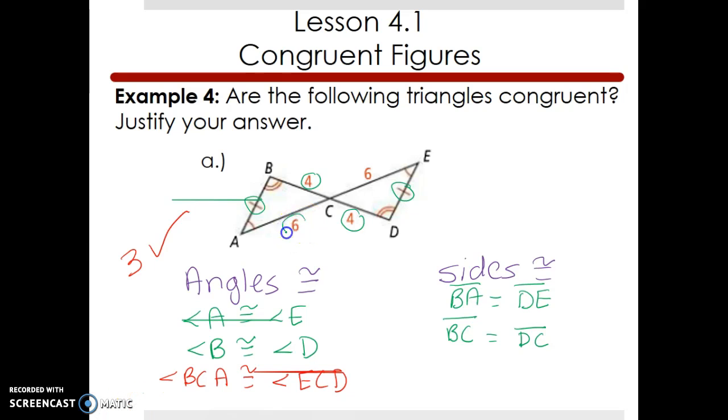And lastly, you have 6 and 6, so AC is congruent to EC. All 3 sides are also congruent. So are they congruent? Yes, because both angles and sides are congruent. So that is all for this lesson.